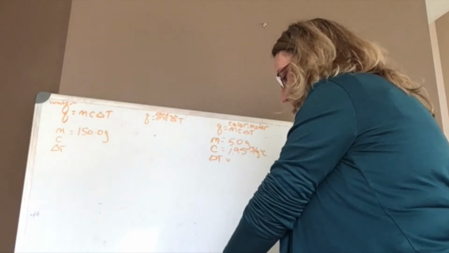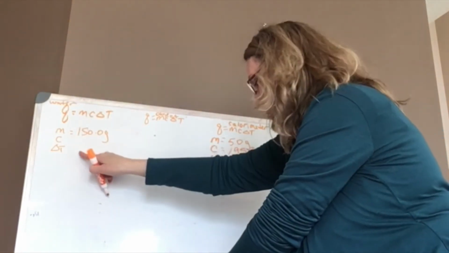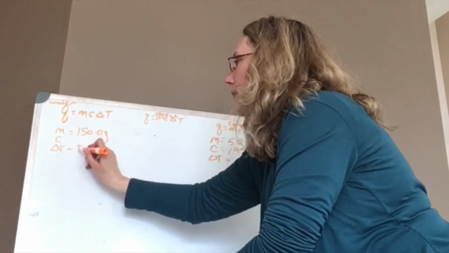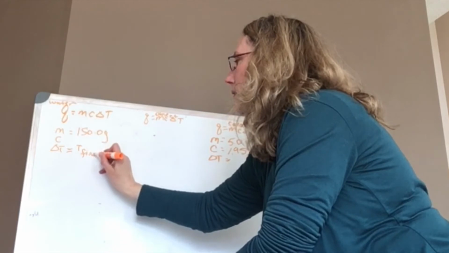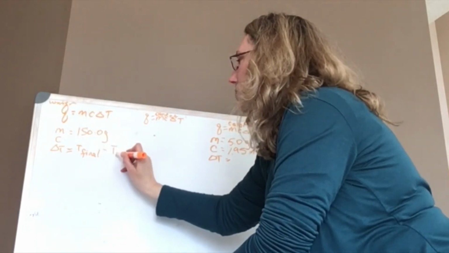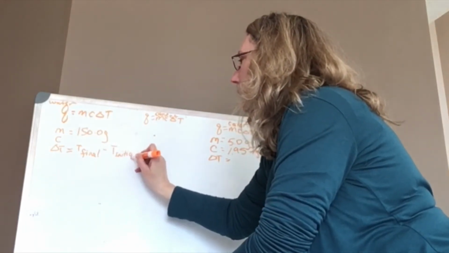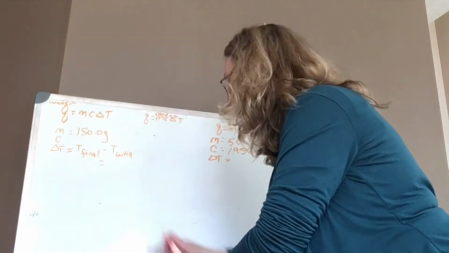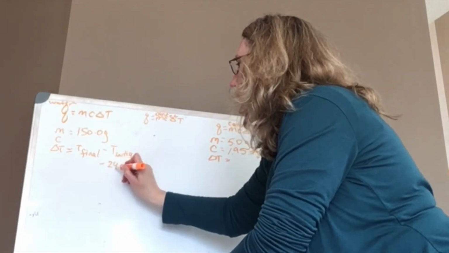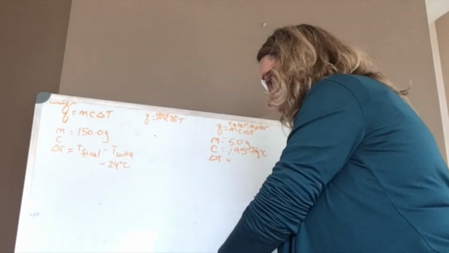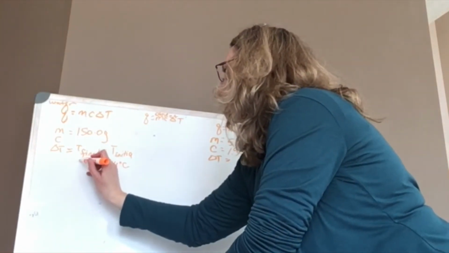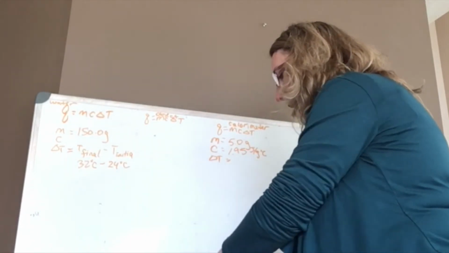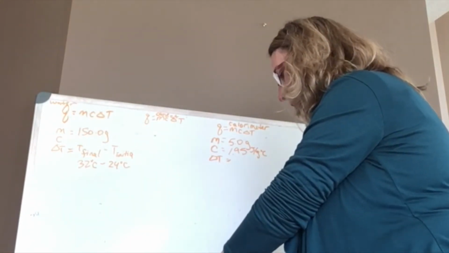If the temperature of the water was 24 degrees C, remember that's temperature final minus temperature initial. So it was 24 degrees C, and it rose to 32 degrees C by the end of this experiment. How much heat was released in the reaction?